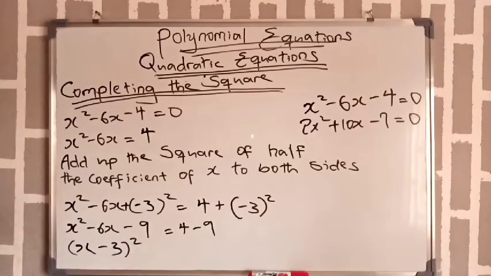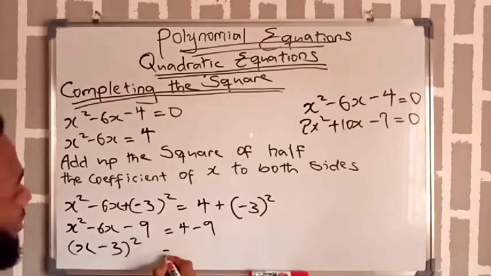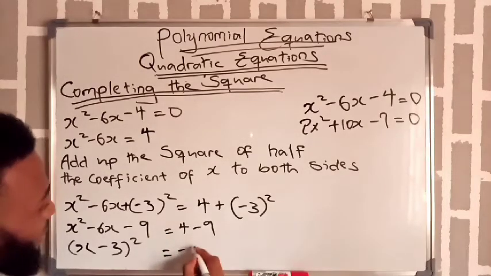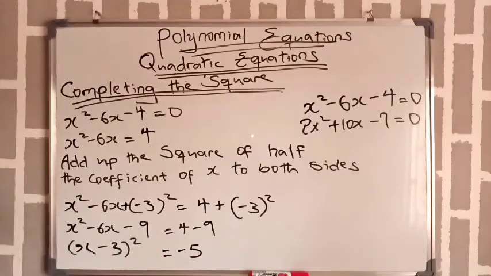I'll show you a faster method of solving quadratic equations while I'm teaching you how to use the calculator. So this equals 4 plus 9, which is 13. As simple as that.